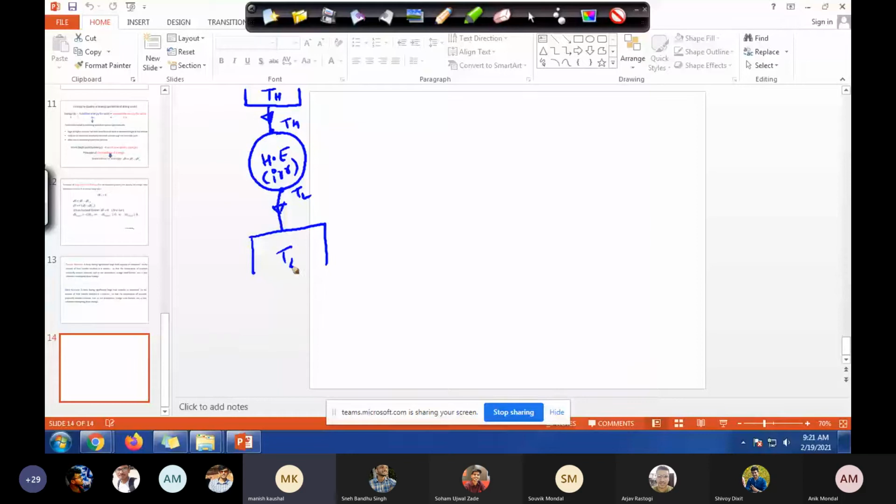This is TL, roughly. So tell me now, without my hint, internally reversible or irreversible? This is my system. Irreversible, because I am deliberately saying that the heat engine is working irreversibly. There is maybe friction, some kind of wastage of energy. So internally irreversible. Good.